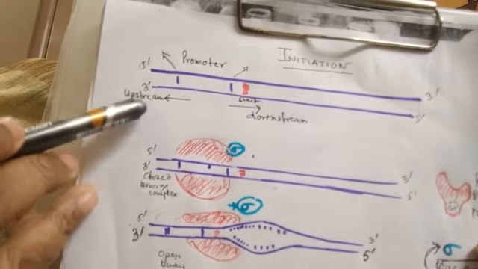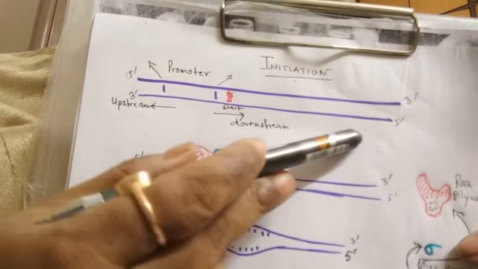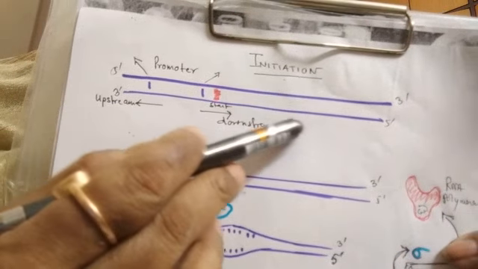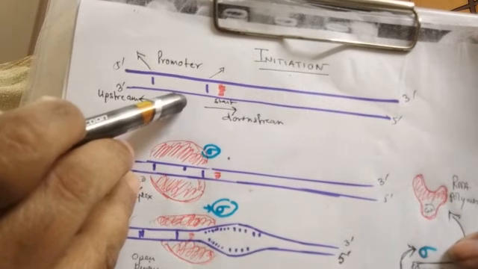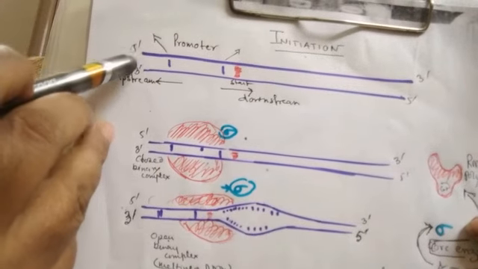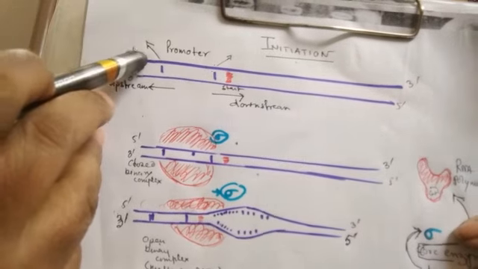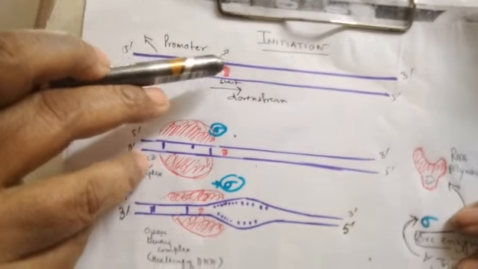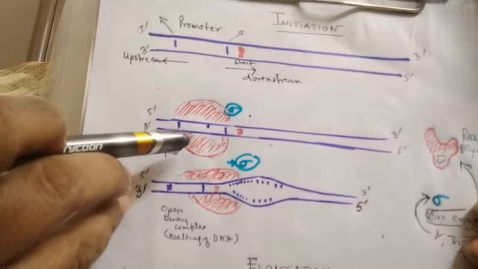This is the template strand which is running 3' to 5' downstream, so the RNA will be formed on this strand only. And we already know that the strand running 5' to 3' downstream is the coding strand, which will not remain functional during this process. So let us see how this initiation occurs.